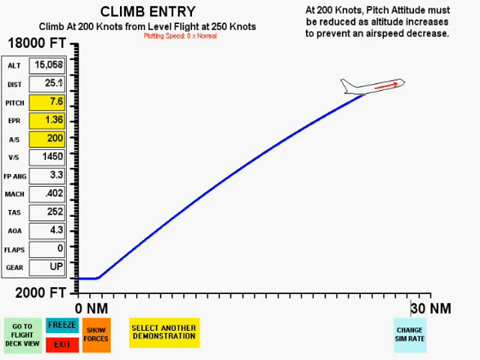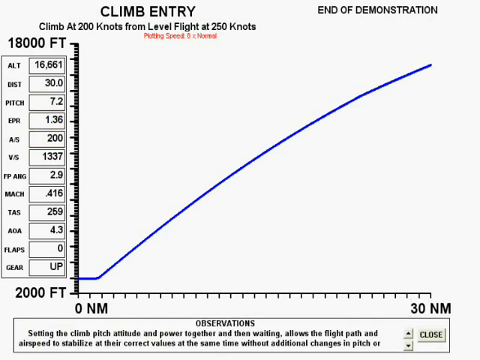As the airspeed reaches its target value of 200 knots, a slight decrease in pitch attitude will be required as the altitude increases due to decreasing thrust.